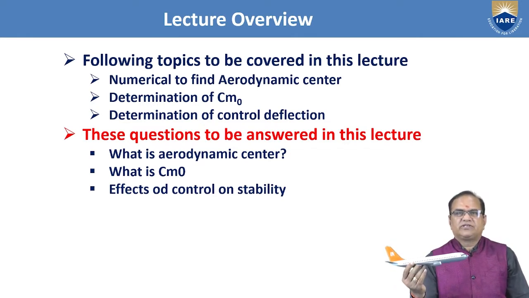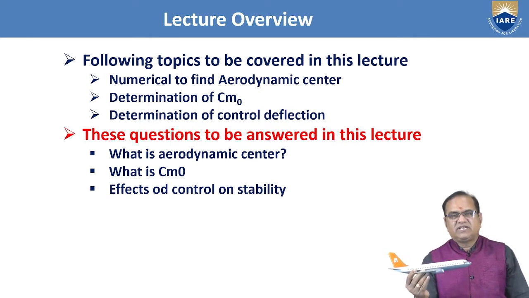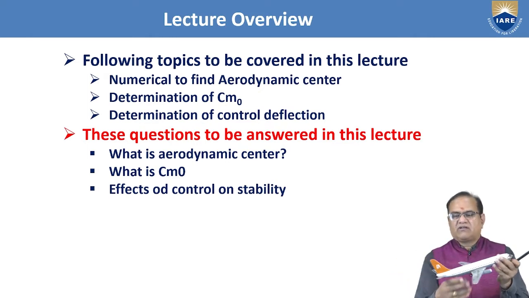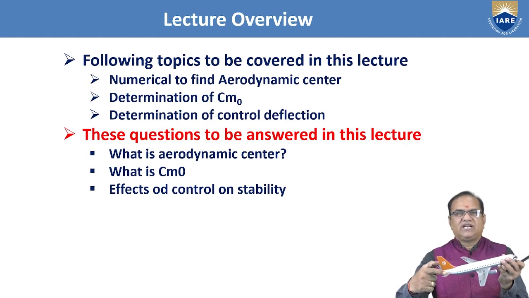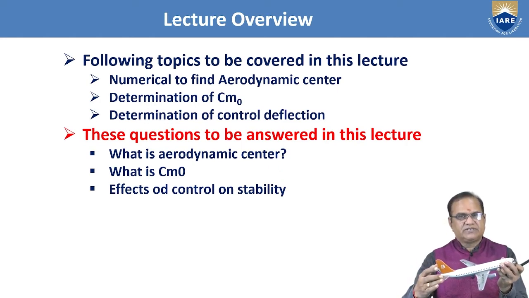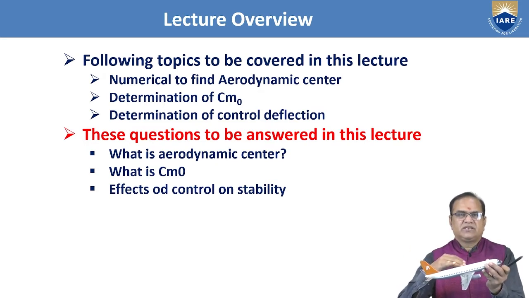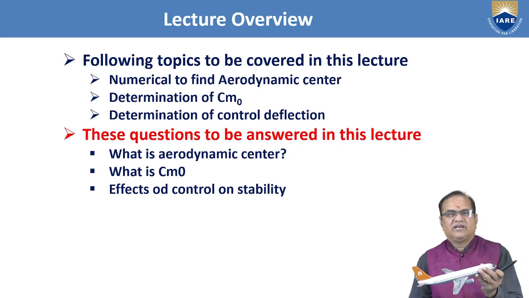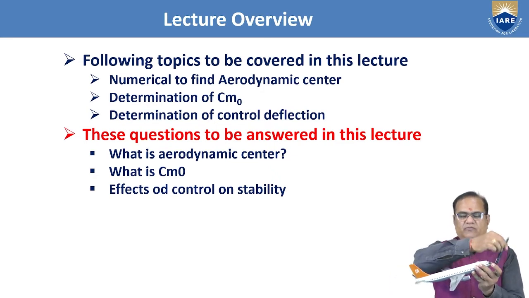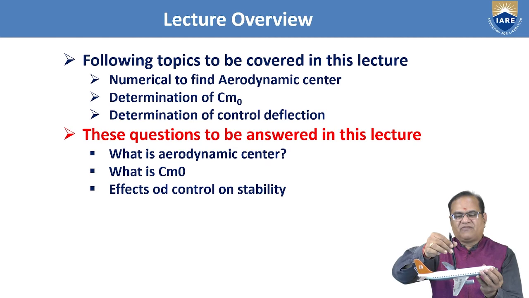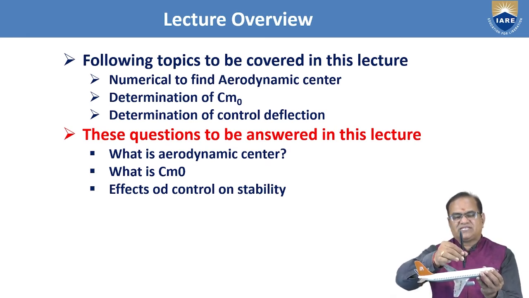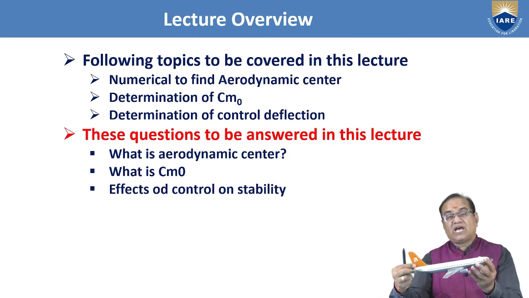Once we talk about longitudinal static stability, the contribution of the horizontal tail is very important. Most wings have their aerodynamic center ahead of the center of gravity. So if this is the center of gravity and here is the AC, the lift force will act like this, and this will try to make the nose up.